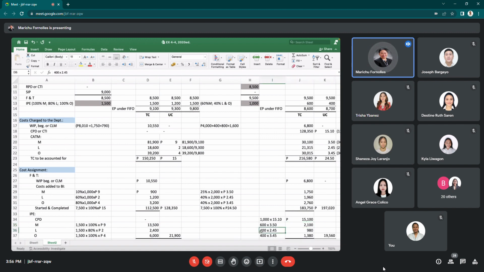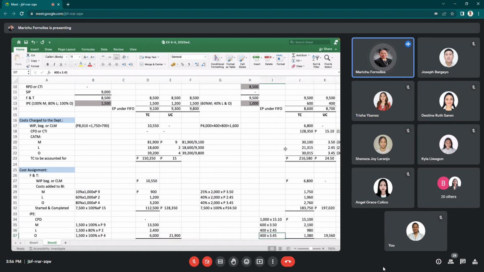To get the labor cost in IPE, your EP in IPE for labor is 400 times the unit cost of labor 2.45 equals 980 pesos.